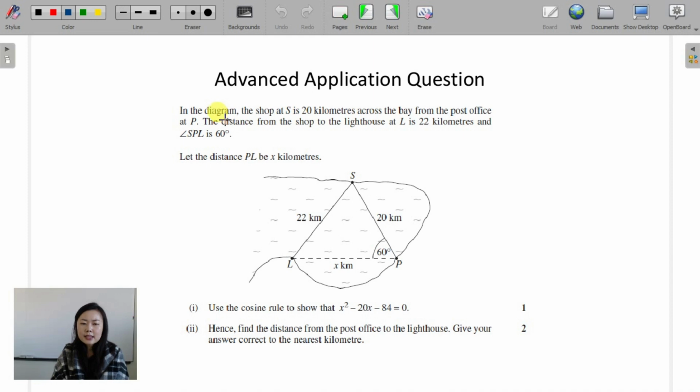This just describes what is on the diagram, so I won't read it out. You're trying to apply the cosine rule to link everything together. Now, the thing with the cosine rule is this: a in the formula is always the side that's opposite the angle you have.